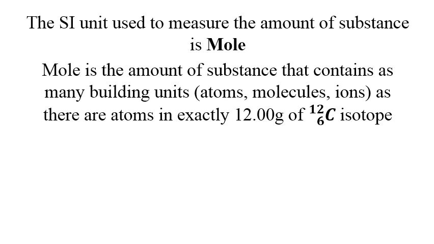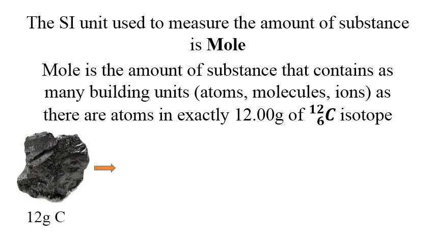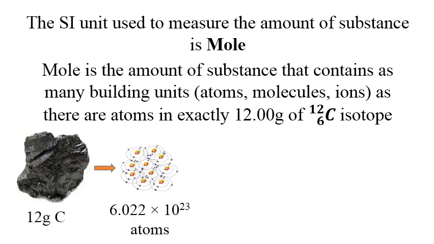Mole is the amount of substance that contains as many building units as there are atoms in exactly 12.00 grams of C-12 isotope. We know that 12 grams of carbon contains 6.022 × 10^23 carbon atoms.